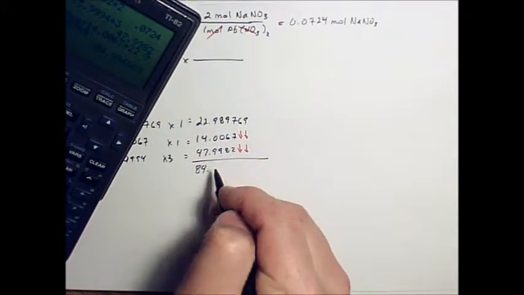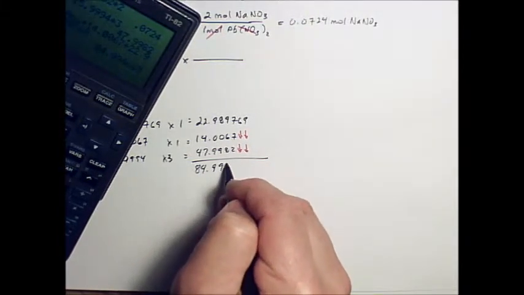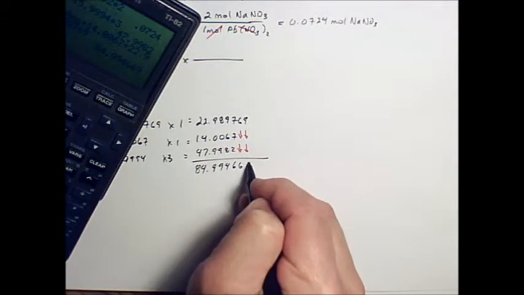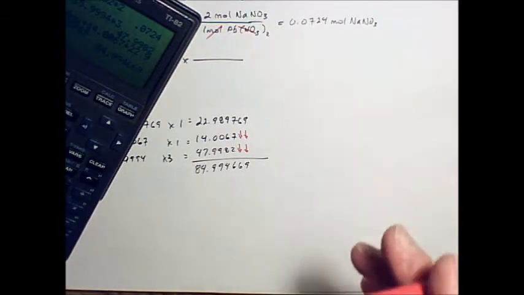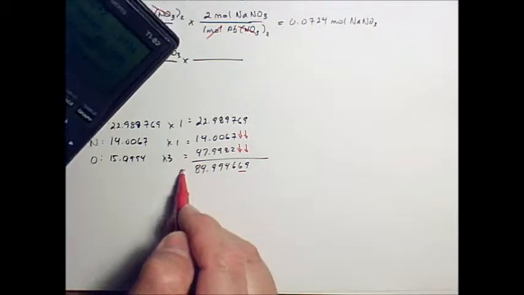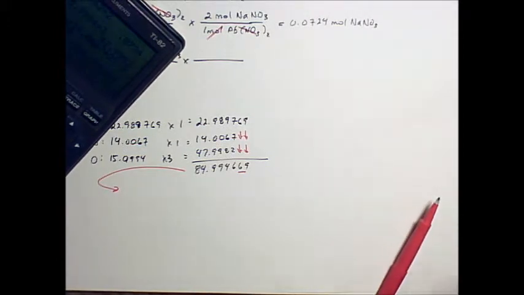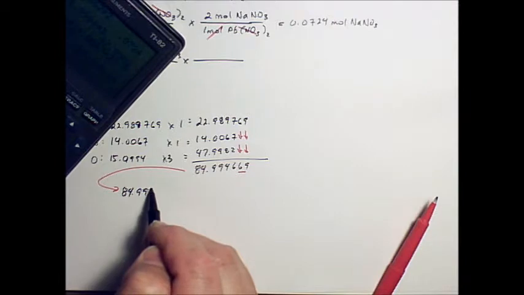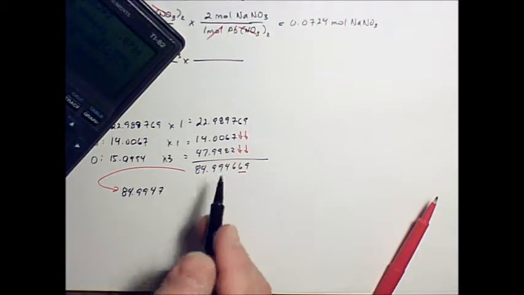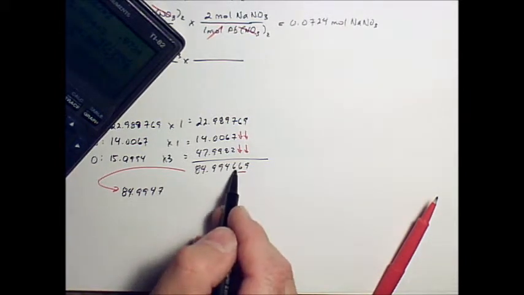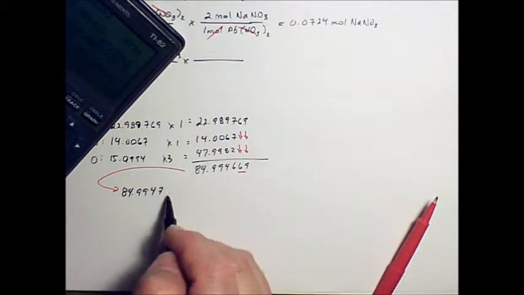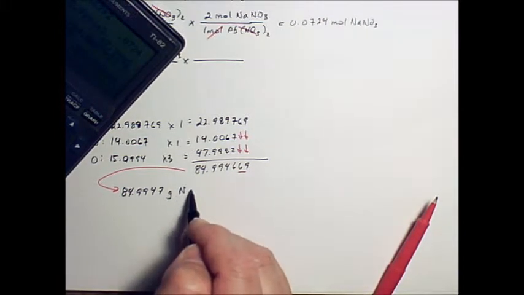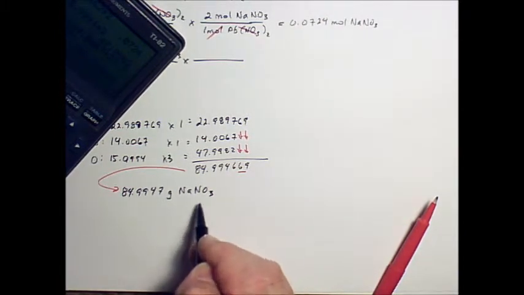Good. The last 2 digits came from empty slots. So you're going to round it off to 84.99466. Yep. This 6, okay. Yep. Yeah, I was right. Wait, no, I was wrong.